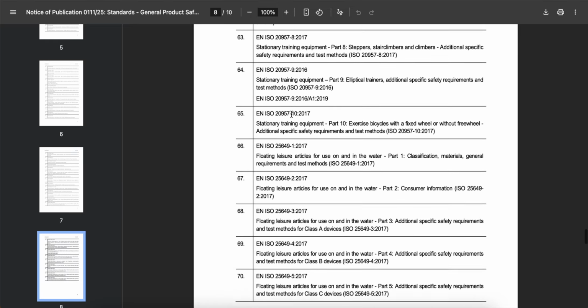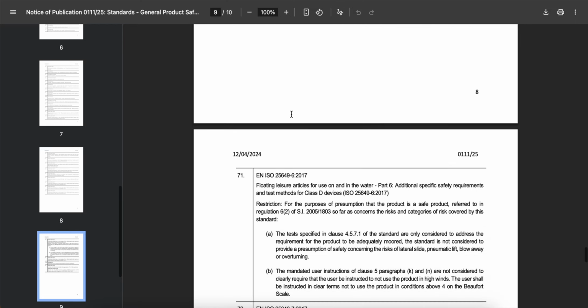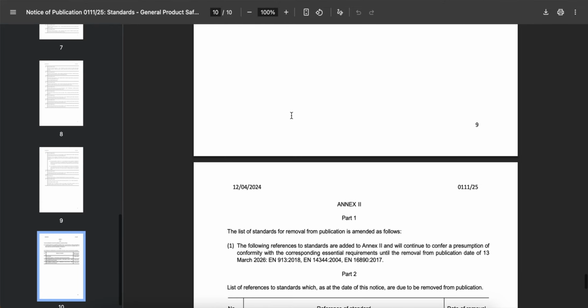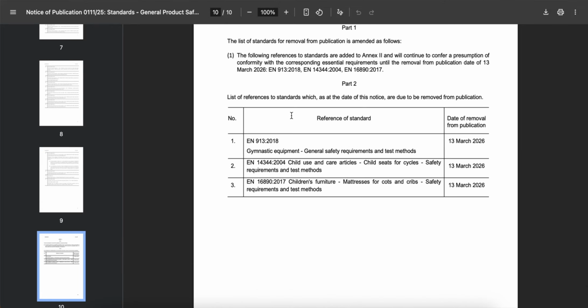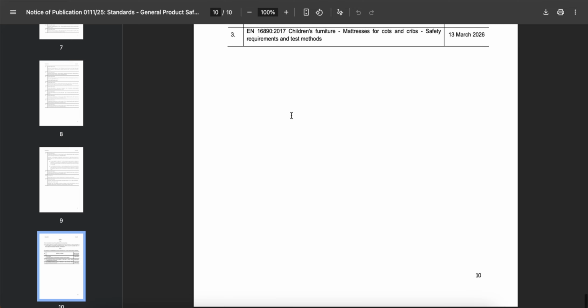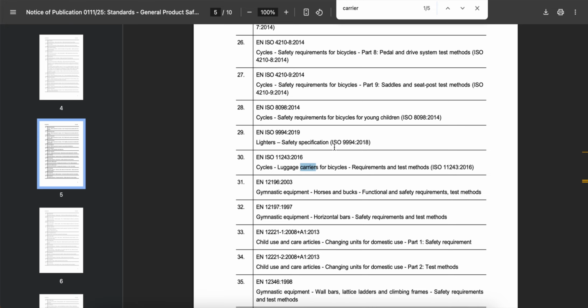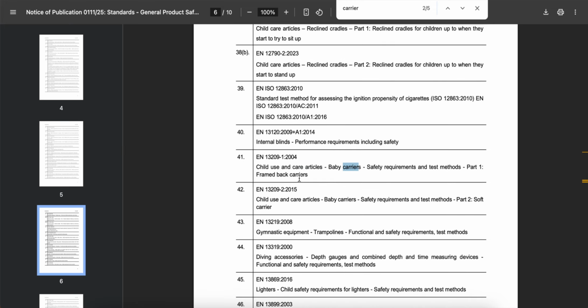And it's great if you can find one that applies to your product, which you can often determine just by looking at the name of the standard. Again, let's say that I'm selling a baby carrier, and I should find something, and I did indeed.